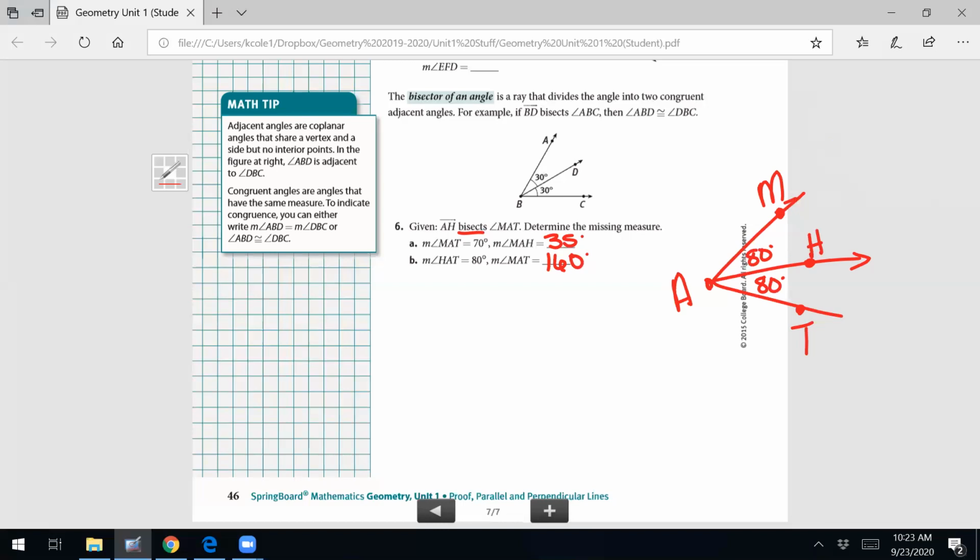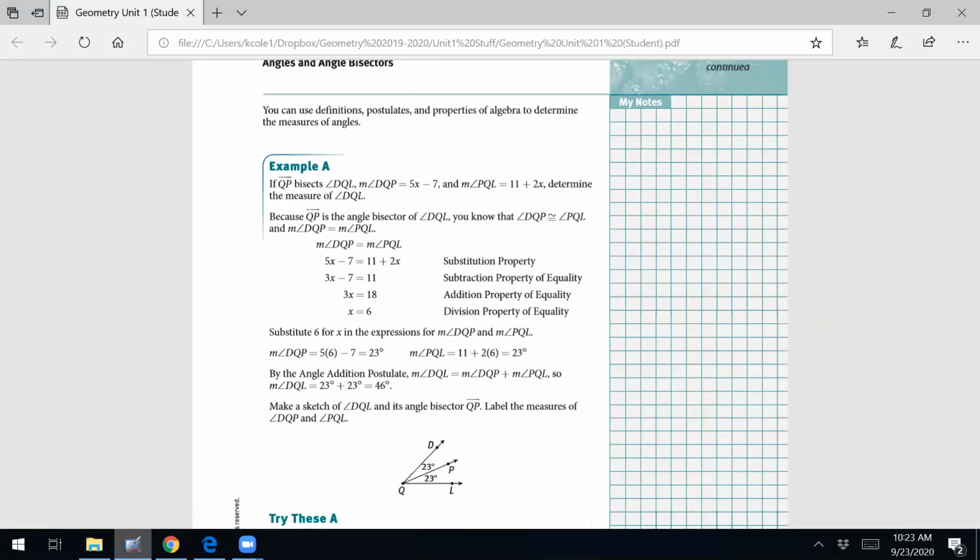Determine the measure of angle DQL. All right, picture. We need a picture. So it bisects it, which means it cuts it directly in half. And I mean, you can draw whatever angle you want, guys. I'm just sketching them out. So we've got D, Q, L, and then this is P.